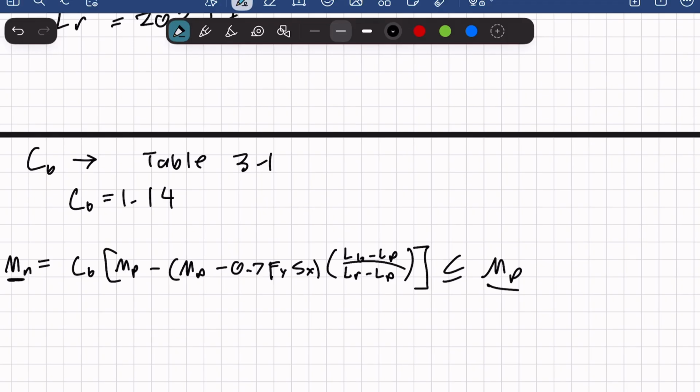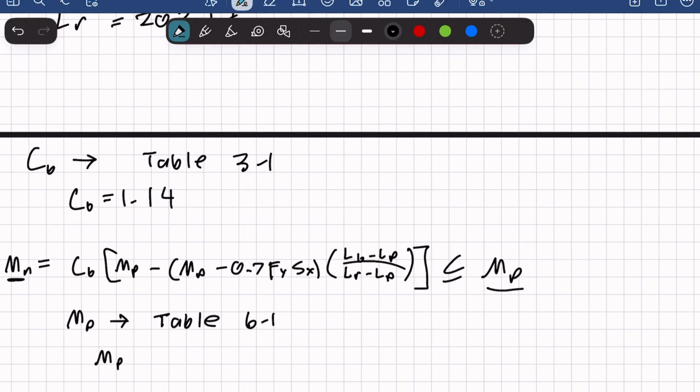So we can find Mp from the table, from Table 6-1, if we want to, and look at an unbraced length of 0. But I don't personally like doing that most of the time, just because the calculation for Mp takes about 2 seconds.